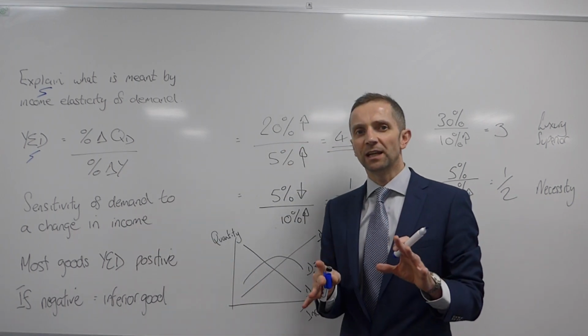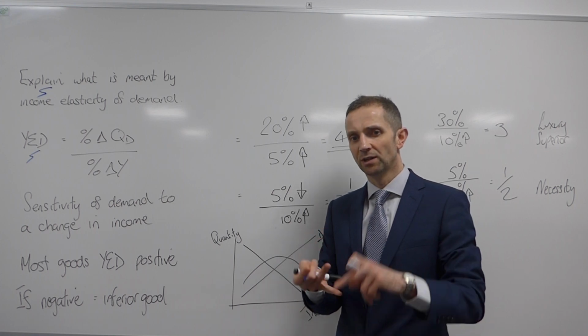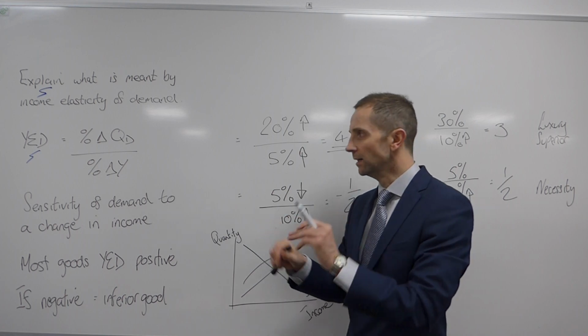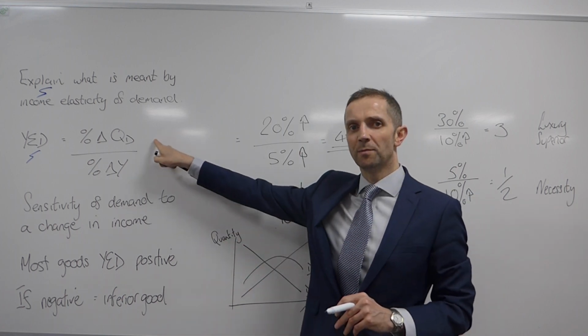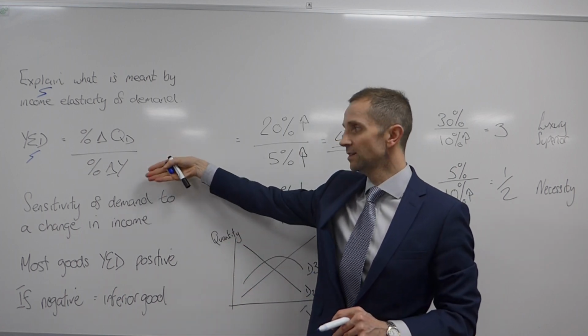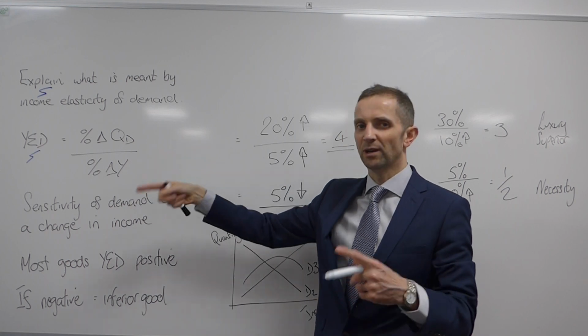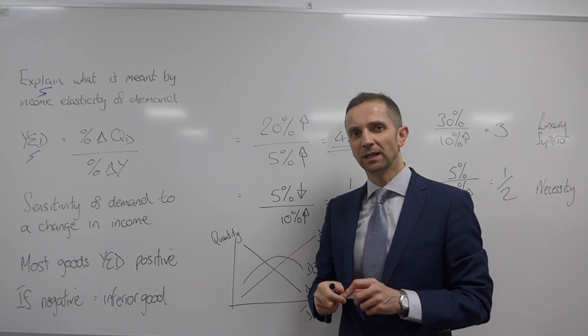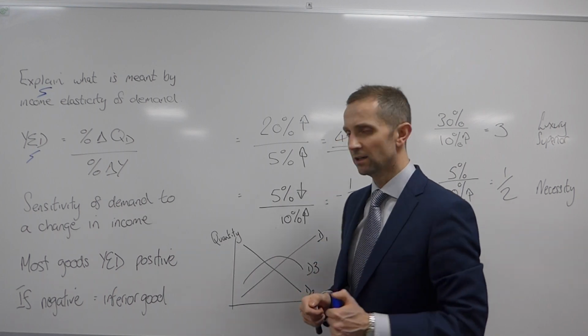Remember, all of these elasticity measures, be it price, income, or cross-price elasticity of demand, always have demand on the top line and price, income, or price of another good on the bottom line. So just remember that if you are asked to define it or give it as an answer to a question.